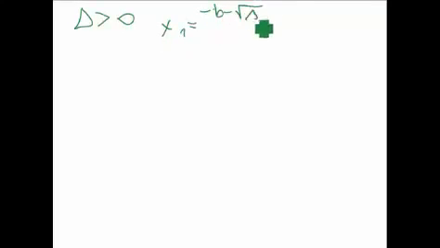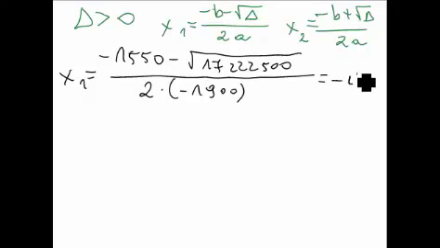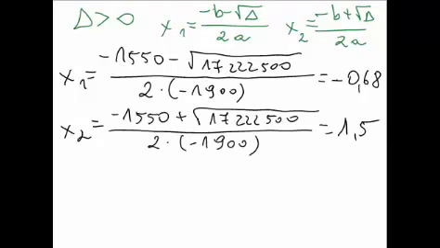17,222,500. As delta is greater than 0, we have two possible solutions: x1, which we solve using the following equation, and x2. So we substitute our numbers to the above equations, and our x1 equals minus 0.68 and x2 equals 1.5.